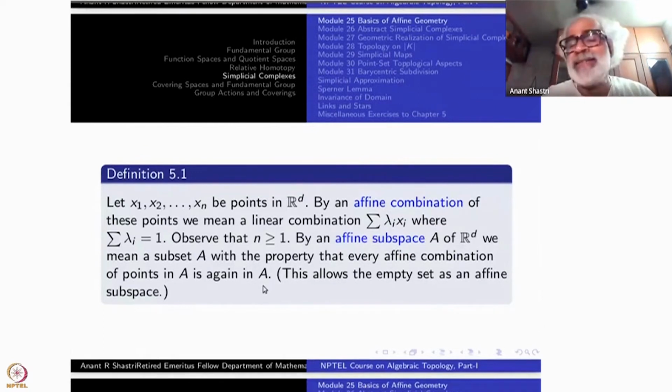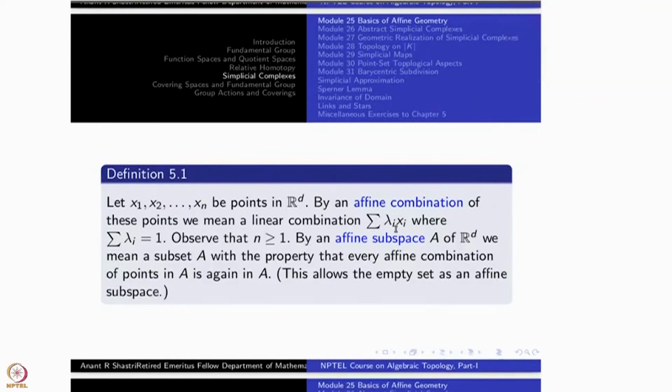This is exactly similar to how you define linear subspaces. The only difference is that in linear combinations there is no condition, lambda is an arbitrary scalar. Here the sum total must be 1. That is the difference.